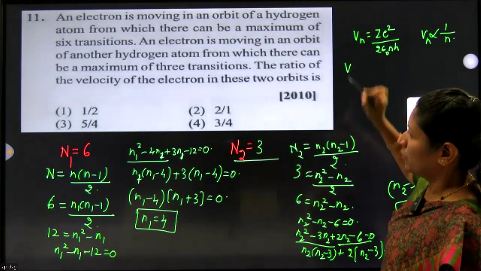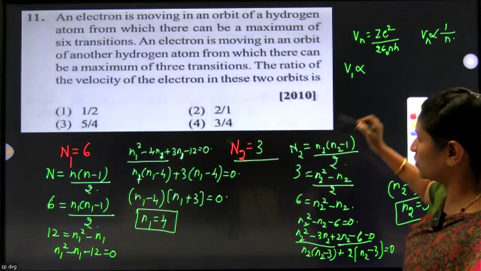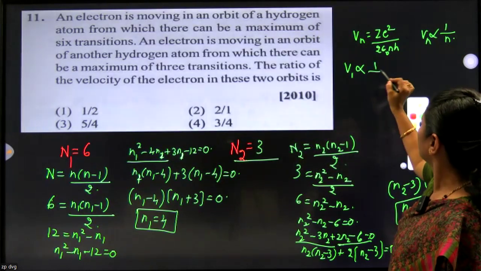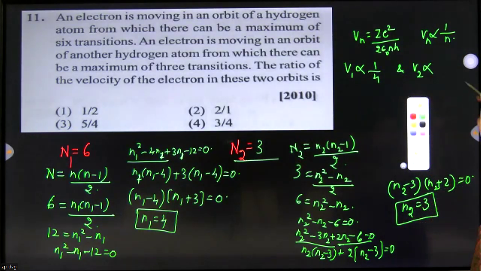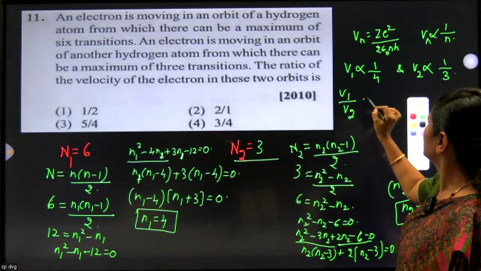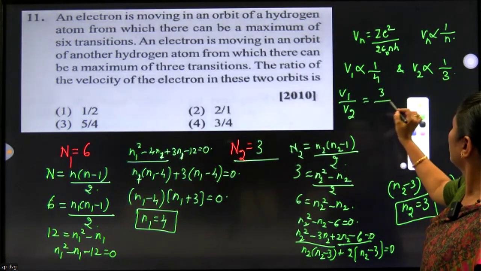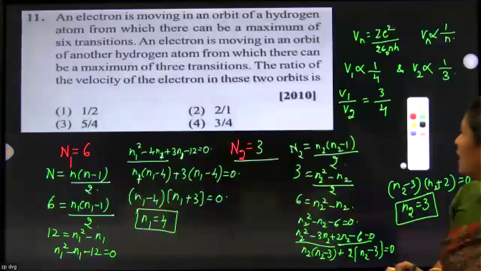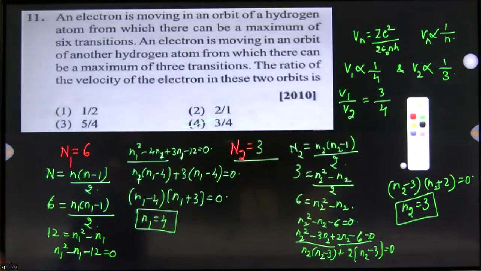Therefore, V1 is proportional to 1 by 4 and V2 is proportional to 1 by 3. Consider V1 by V2, that is equal to 3 by 4. 3 by 4 is the answer. The fourth option is the answer.